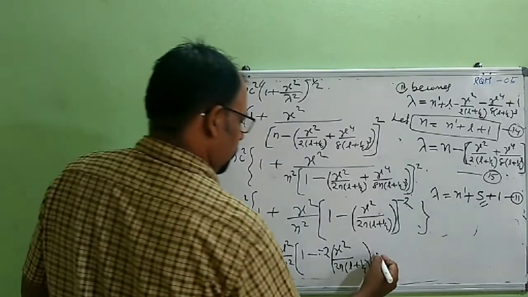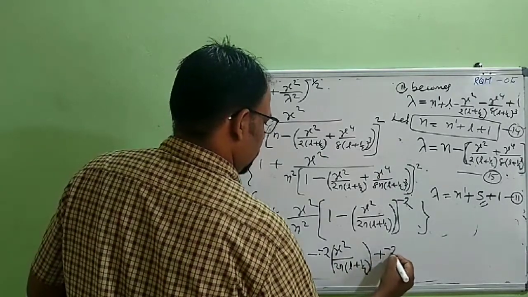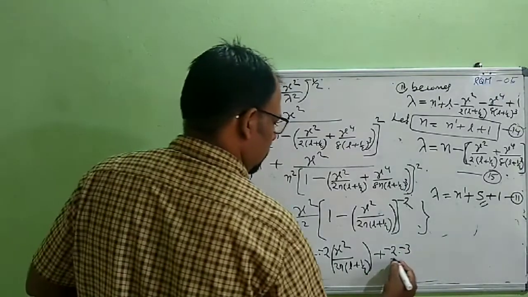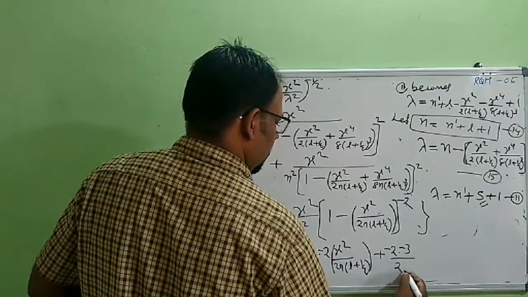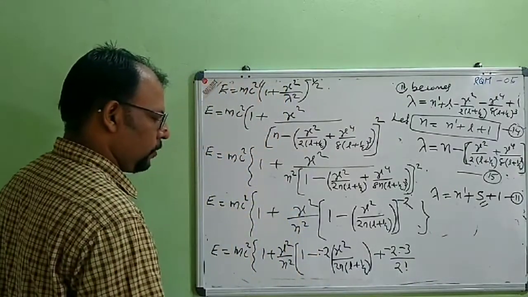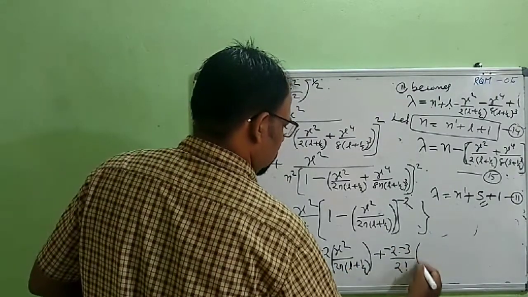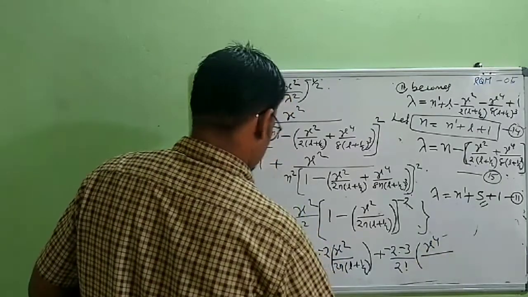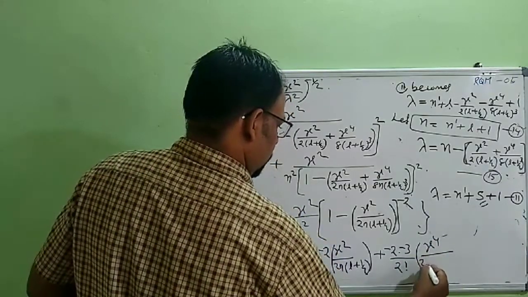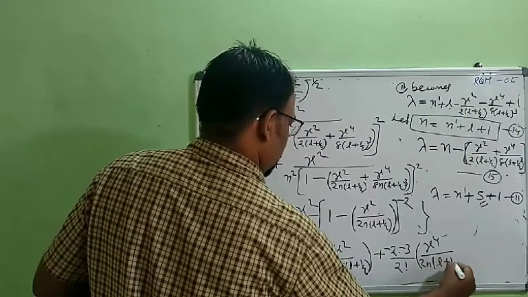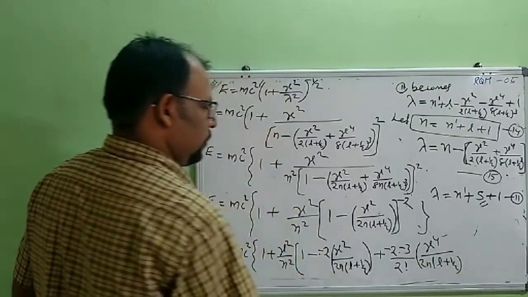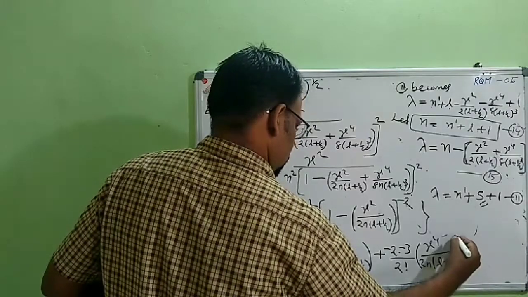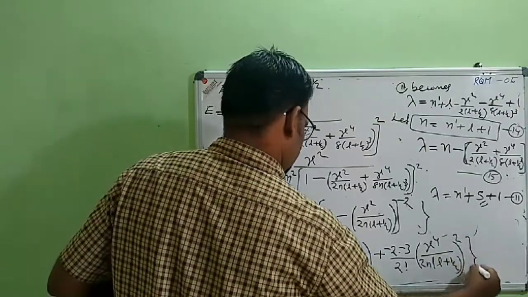Now plus n into n minus 1 by 2 factorial into x square, the square of this one, gamma raised to 4 by 2n L plus half the whole square, neglecting higher terms.